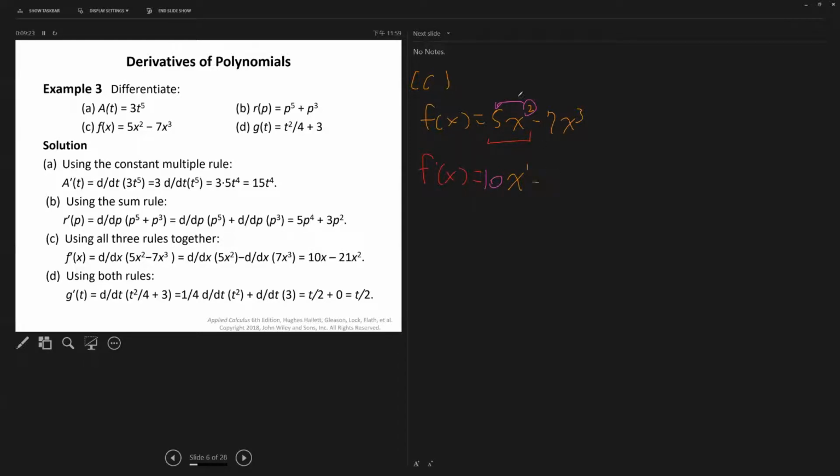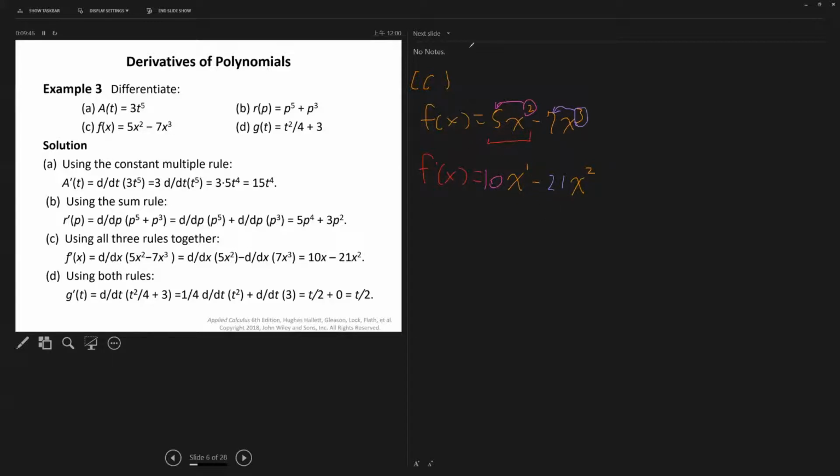Minus, and then we're going to do the same thing here. Bring the power 3 down, multiply by 7. So 3 times 7 will be 21. And then x, decrease the power by 1. So 3 minus 1 will be 2. All right, so here we have it. F prime of x is 10x minus 21x squared.